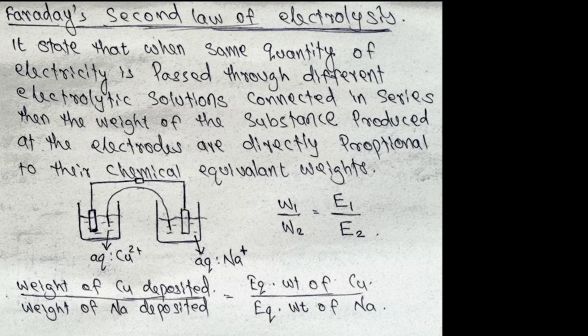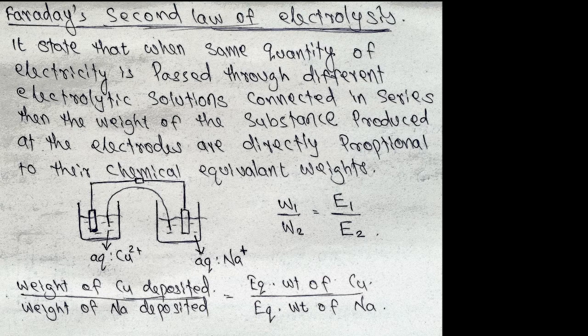When we pass the same quantity of electricity in both containers, then according to Faraday's second law, W1 divided by W2 equals E1 divided by E2. What does this mean?